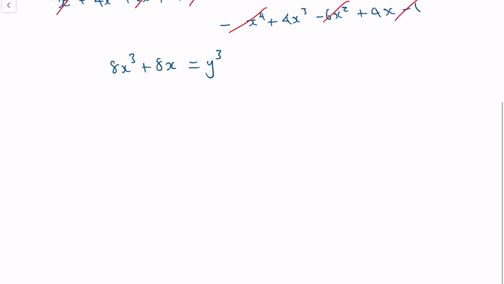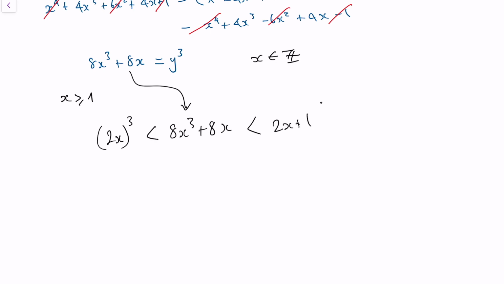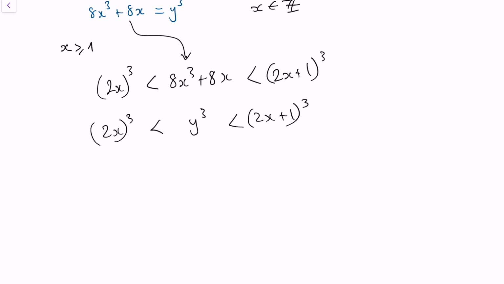Now let's assume, to begin with, that x is greater than or equal to 1. Further, notice that we can write 2x cubed is less than 8x cubed plus 8x, as in here, and that would be less than 2x plus 1 cubed, isn't it? So, in other words, we have 2x cubed is less than y cubed is less than 2x plus 1 cubed. That means 2x is less than y is less than 2x plus 1.